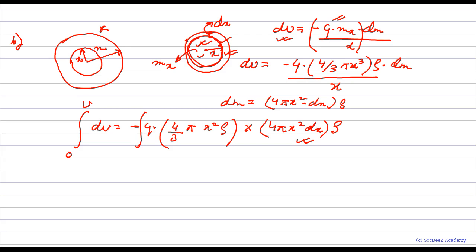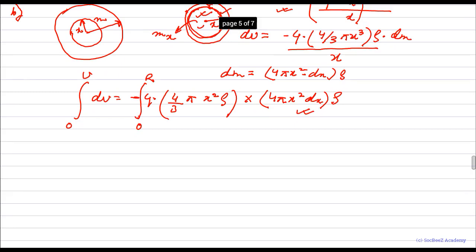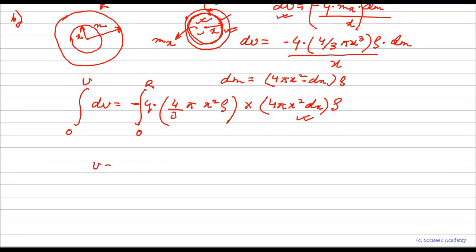So this is going to be from 0 to U and this is going to be from 0 to R, where x is varying from 0 to R. So U turns out to be minus G into 16 pi square rho square upon 3 into R to the power 5 upon 5. If I solve this integral, I'll get this as my U.